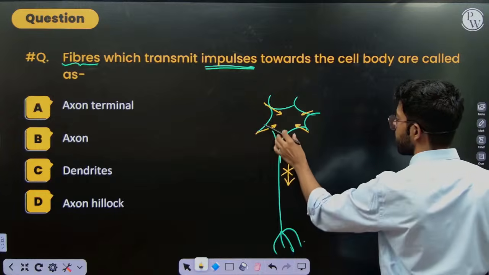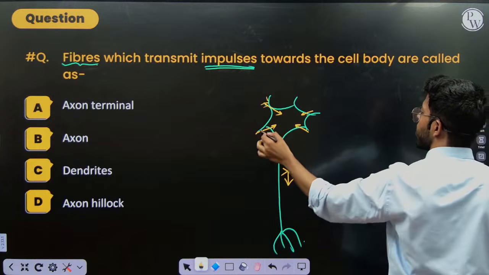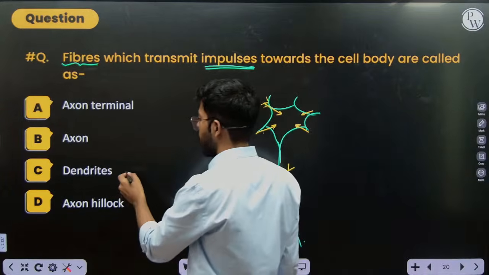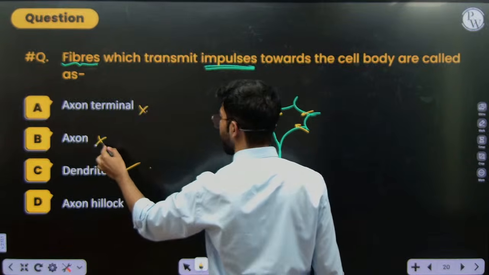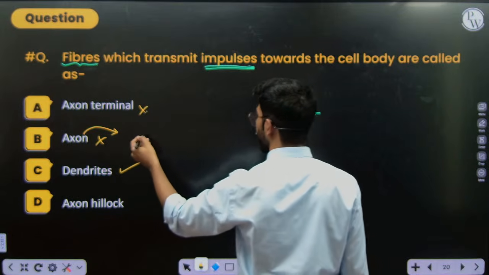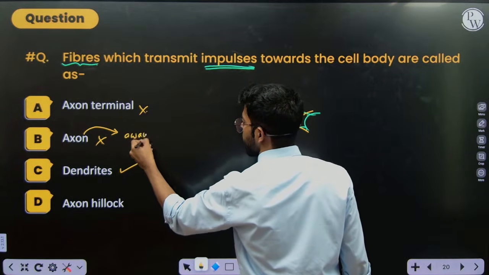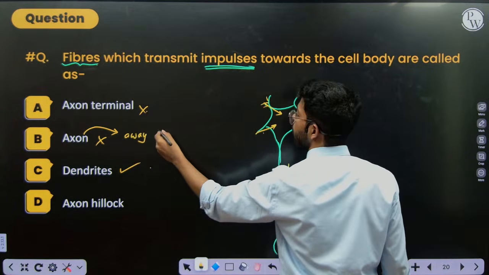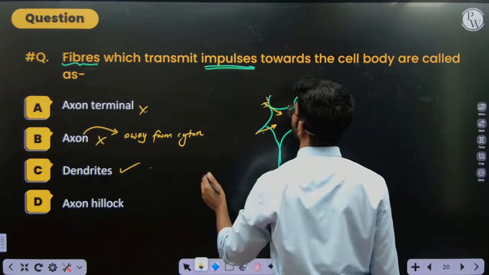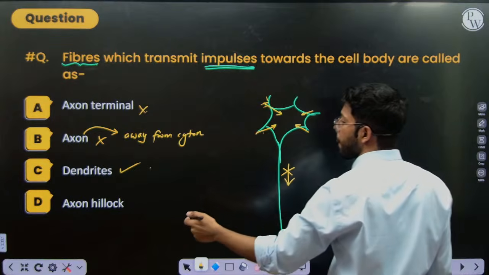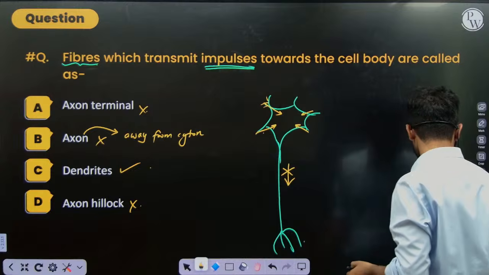This is away from the cell body. So the answer is these branch structures. Branch structures are dendrites, not axon terminal, not axon. Axon is where the impulse moves away from cyton or cell body. Axon hillock is not the answer.